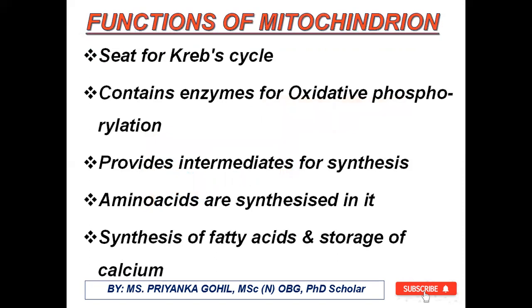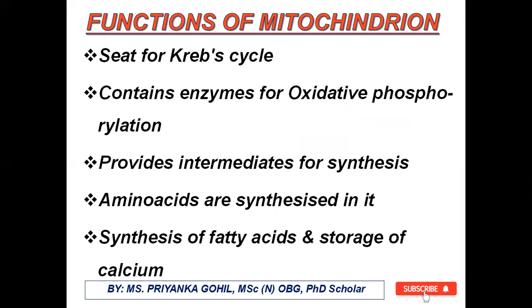Now we will see the function of the mitochondria. So it is the site for the Krebs cycle, that means the citric acid cycle. Now, mitochondria contain enzymes for oxidative phosphorylation, which help in producing energy-rich ATP molecules. It provides intermediates for the synthesis of cytochrome, chlorophyll, hemoglobin, and steroids.